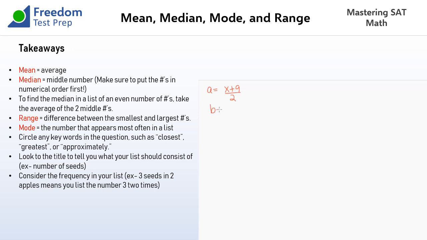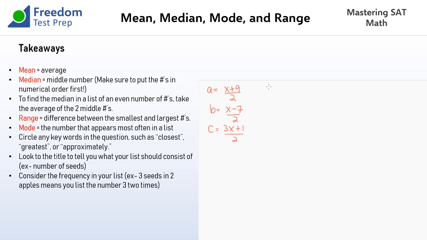Then they might say B is the average of x minus 7. And again, you divide it by 2. And they might say C is the average of 3x plus 1. And you divide it by 2.